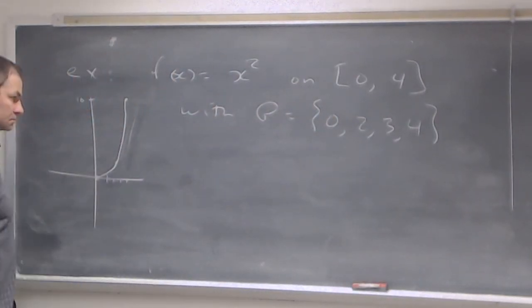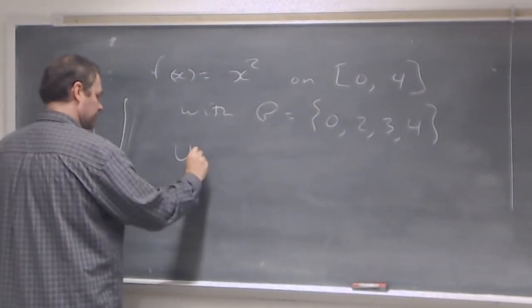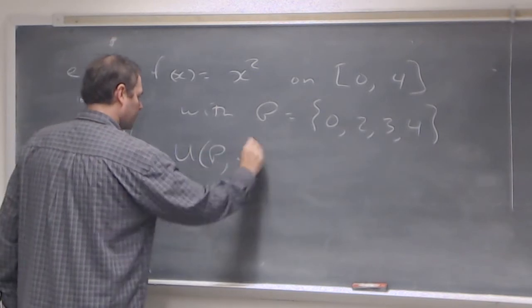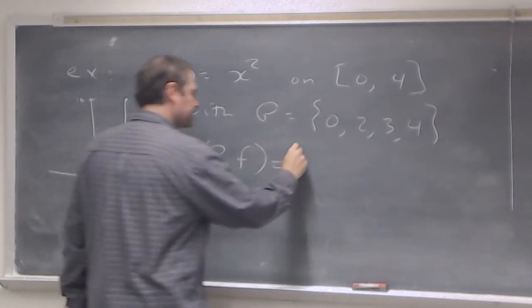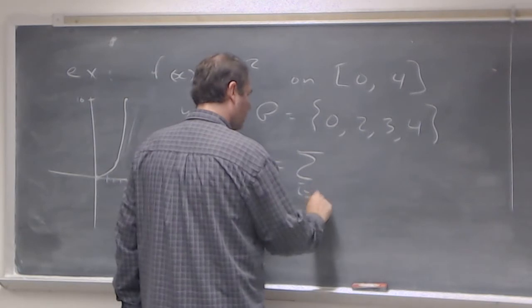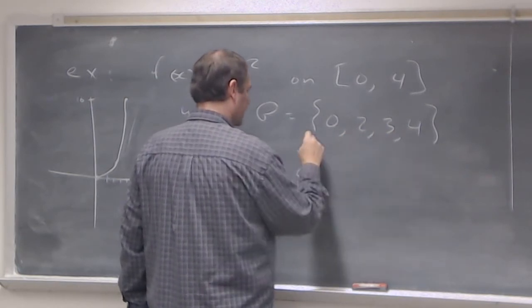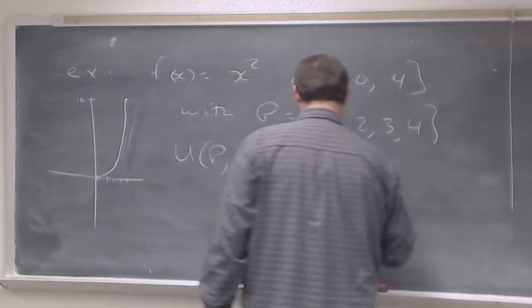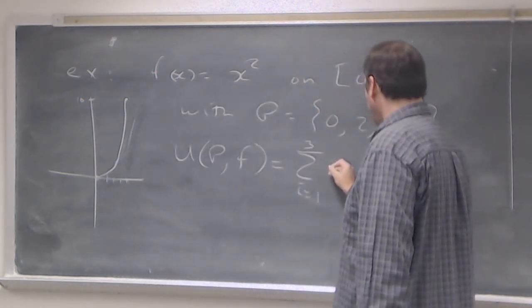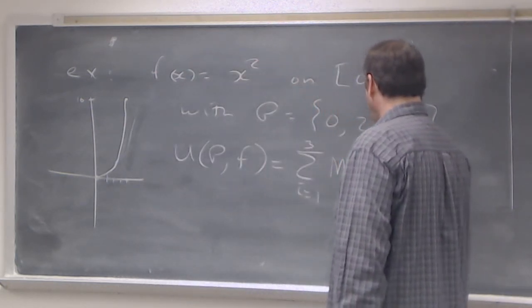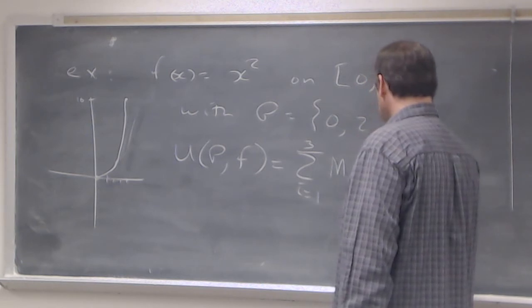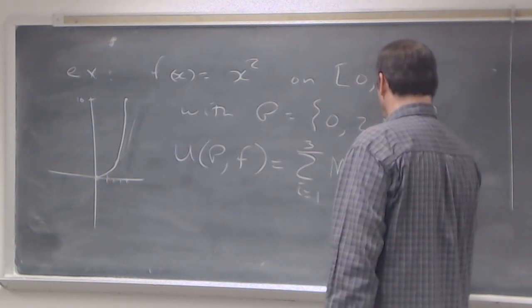When we talk about the upper sum, this is the sum as i runs from 1 to 3 of big M sub i times delta x sub i.